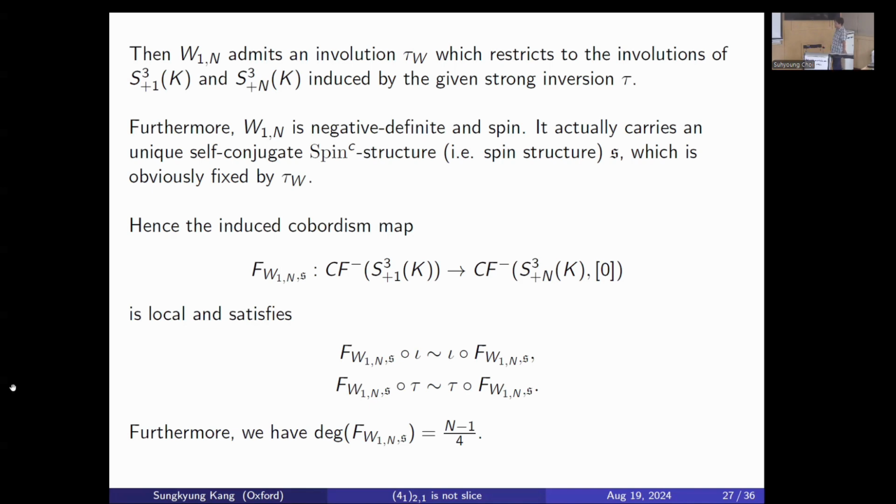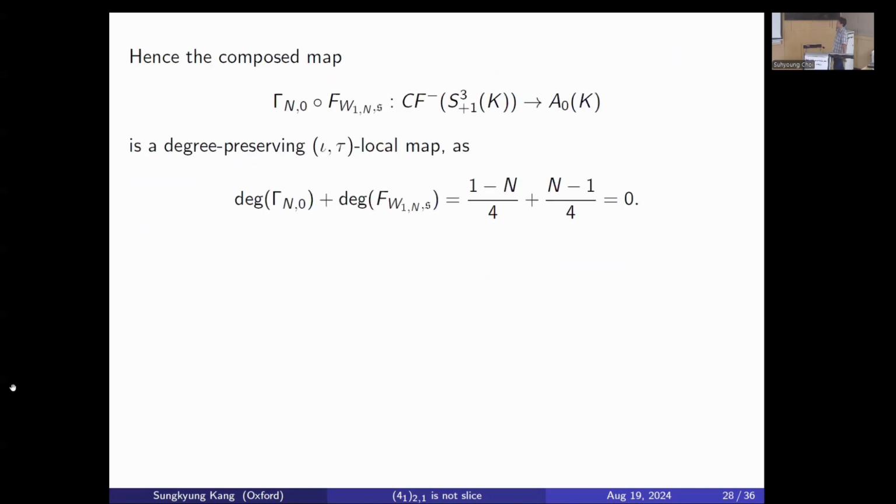This is very nice because the large surgery isomorphism is a homotopy equivalence of degree 1 minus n over 4. They will cancel each other, which means that if you take a composition of them, so you go from plus 1 to plus n, and then you take the large surgery inverse to A0, then their degree shifts will cancel each other.